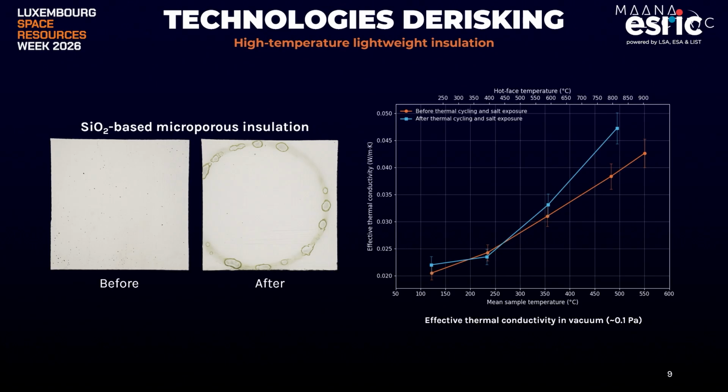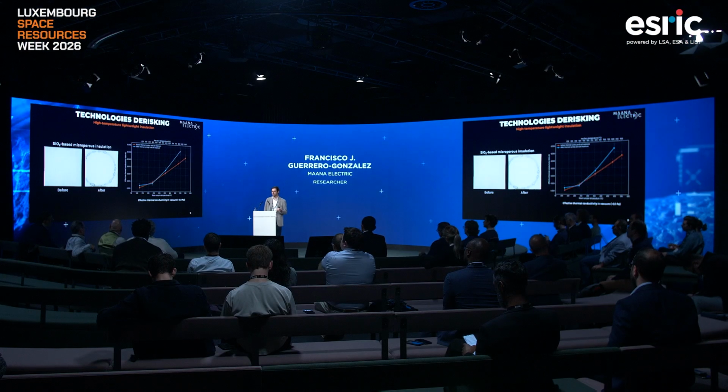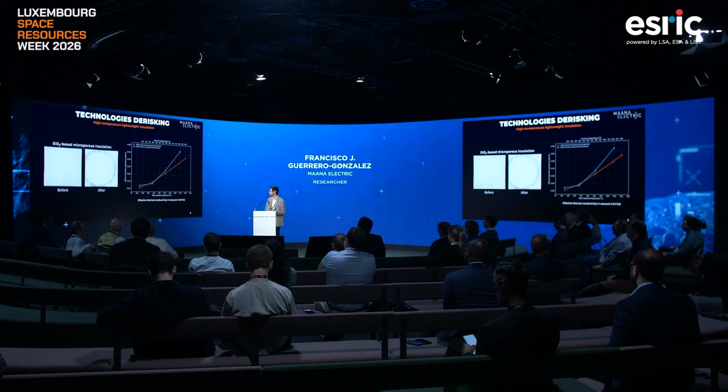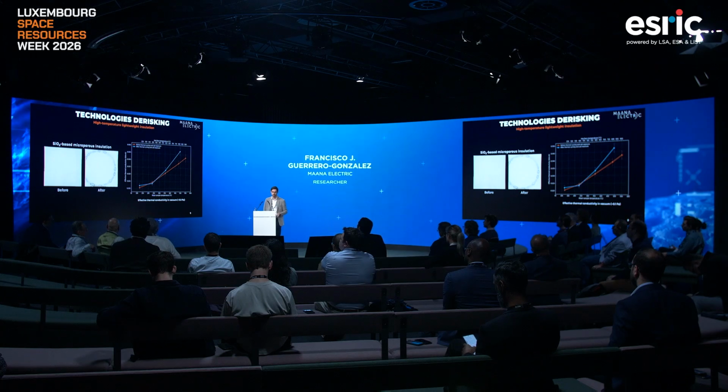This is basically because the vapors that accumulated and migrated through the microporous material, which, as it says, is porous, start melting and start filling the voids that are usually filled by vacuum or by an inert gas, and start increasing the solid conduction through the material.